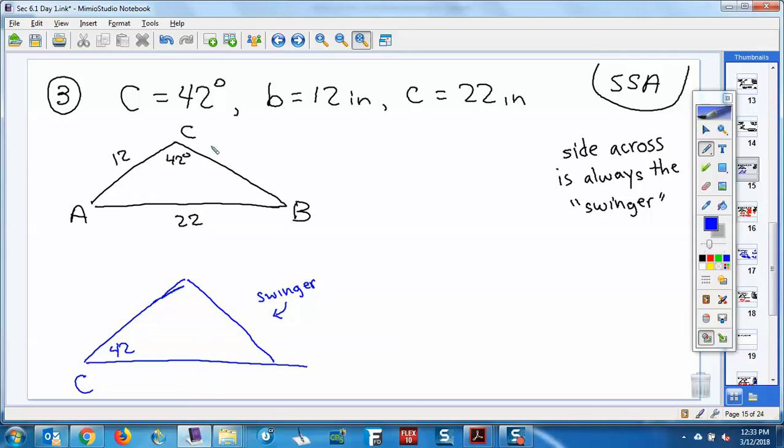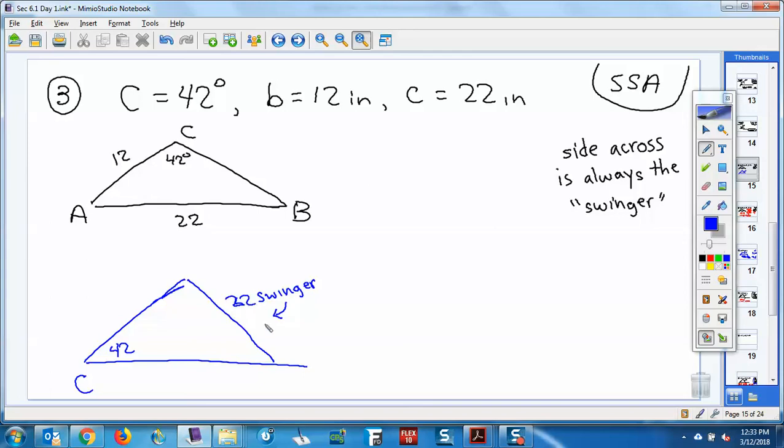I would say, okay, 42 is the angle I have, so I'm going to draw it down here, the angle they gave me. Now, which one of these two is the swinger, 12 or 22? It's always the one across, right? 22 is across from 42.